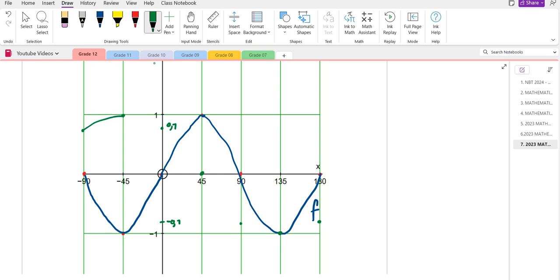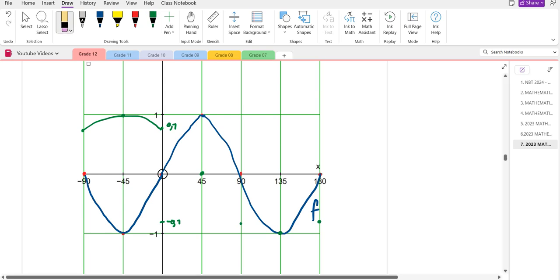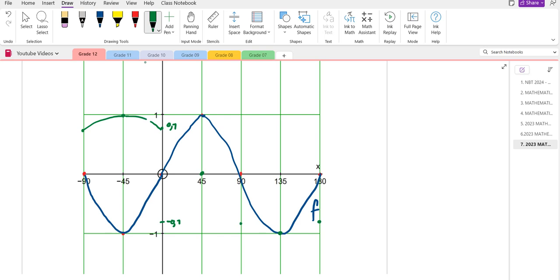Yeah, that looks much better. Coming through that, going to 45 and coming down towards there, then through negative 1, and then touching there. Right, so we have the graph of g.